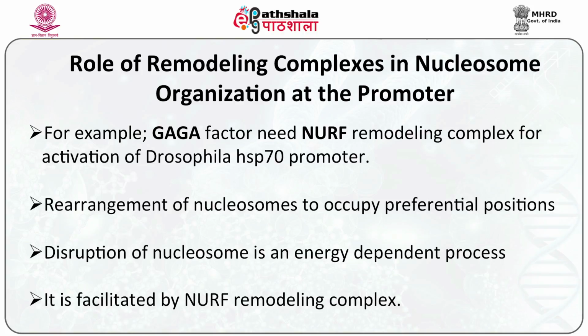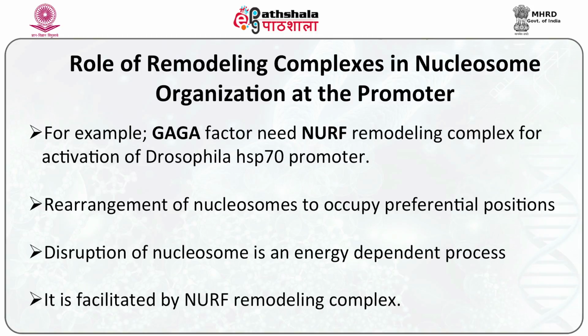target genes. For example, GAGA factor needs the NURF remodeling complex for activation of the Drosophila HSP70 promoter. GAGA factor binds to the GA/CT rich site near the promoter, disrupts the nucleosome and creates a hypersensitive region.